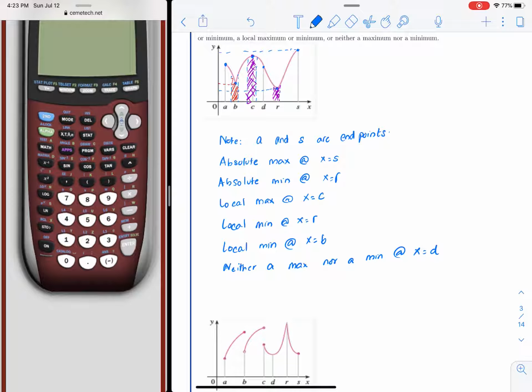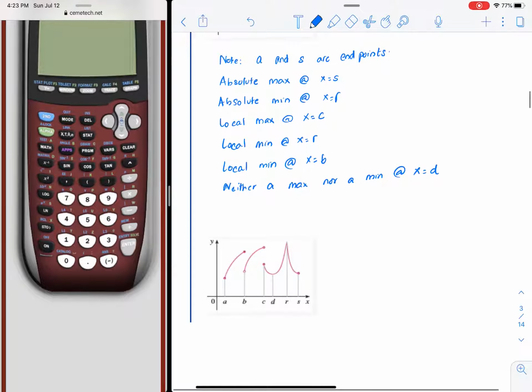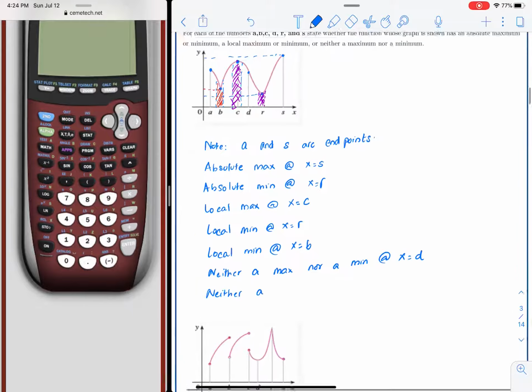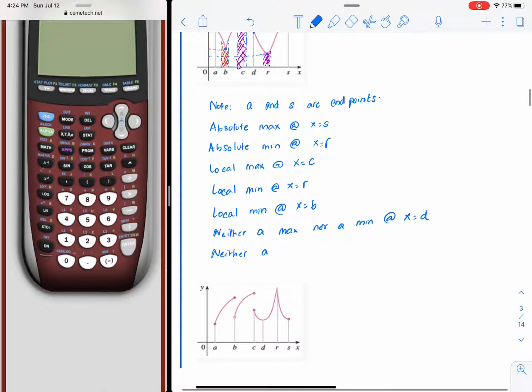There are other values that are smaller or larger than what we see at x is equal to A, so neither a max nor a min at x is equal to A.